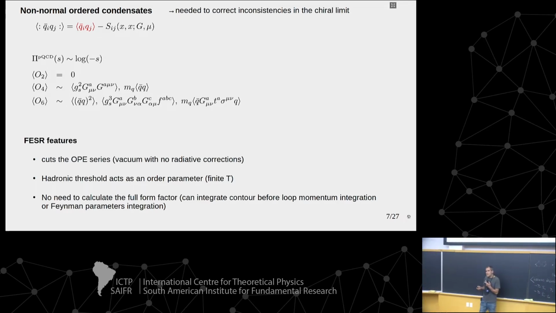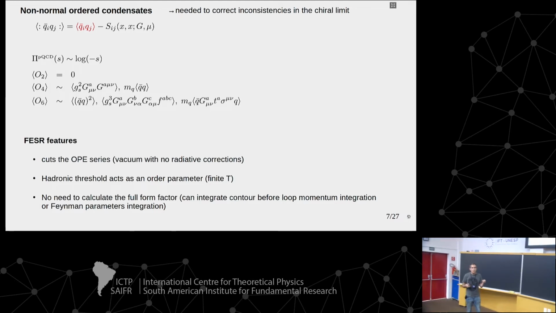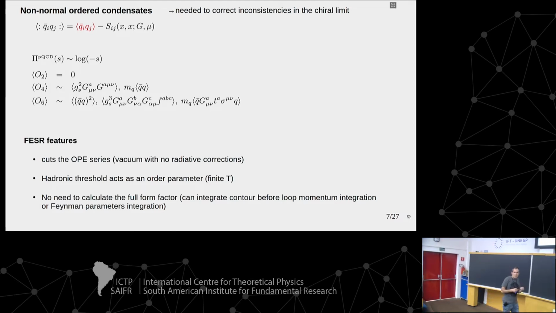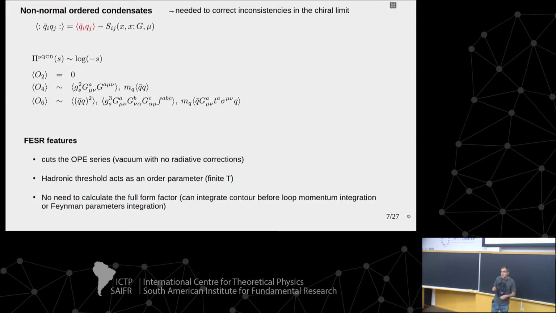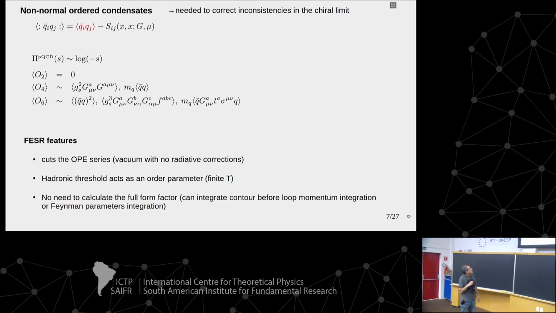There's an inconsistency in the sense that if you set first the up quark to 0 or the down quark to 0, or both the same going to 0, you get different results. And this inconsistency goes away when you consider the non-normal ordered condensate.